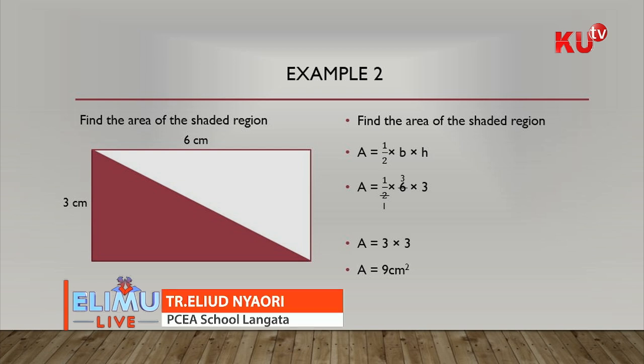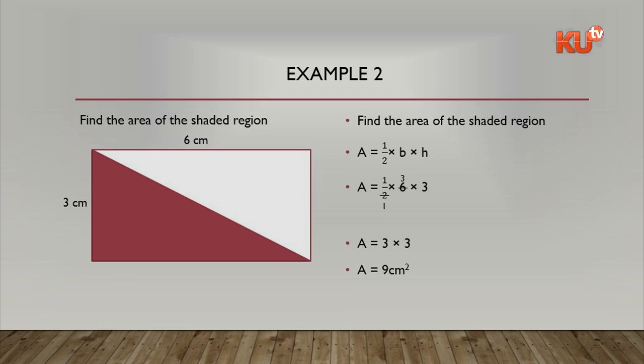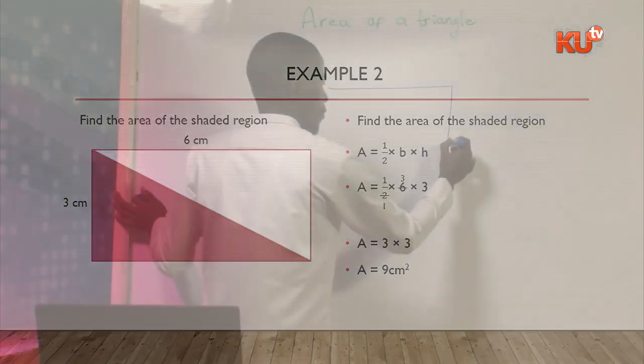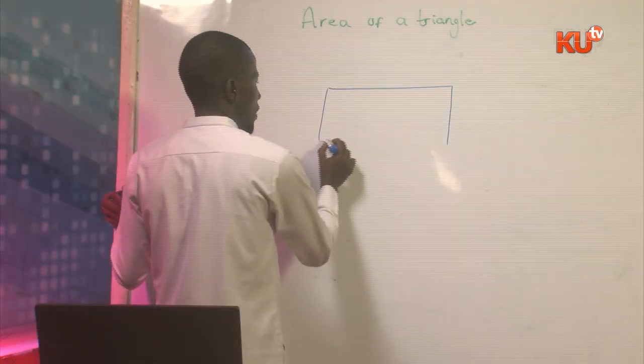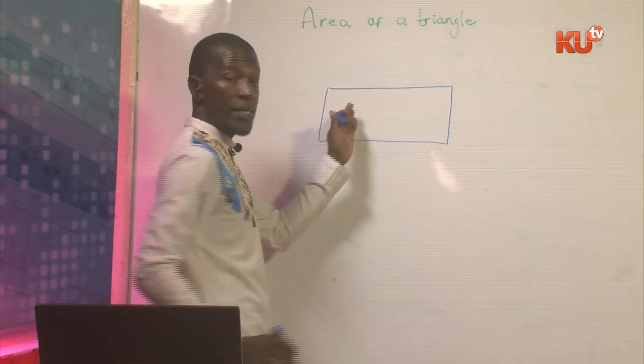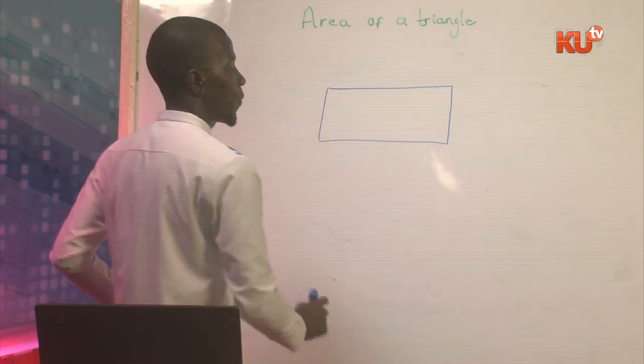That is a rectangle which has been divided into 2 diagonally, and one part is shaded and the other part is unshaded, the white part. That white part is unshaded. Now we can turn to our whiteboard and see what we are trying to say. So this is a rectangle.